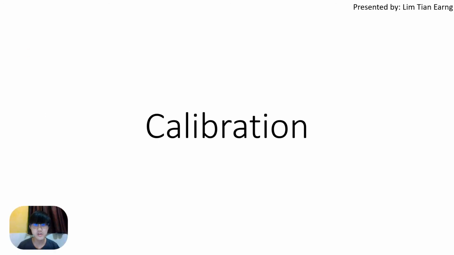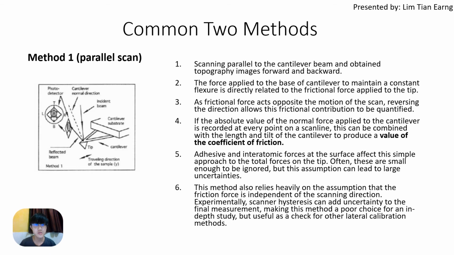Okay, so let me continue with the calibration of the chemical force CFM. Basically, there are two common methods. Method one is the parallel scan, and method two is the perpendicular scan. This is the figure showing method one.